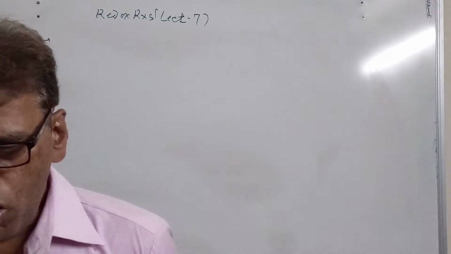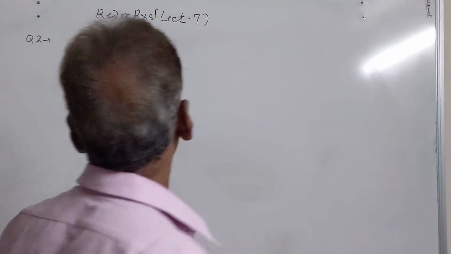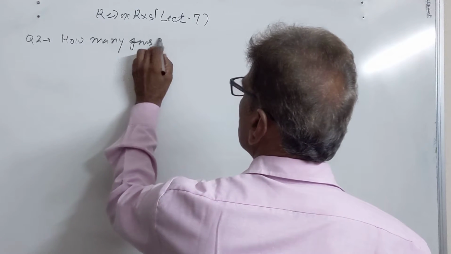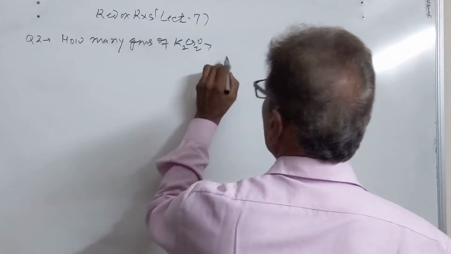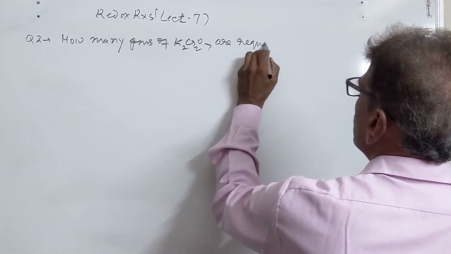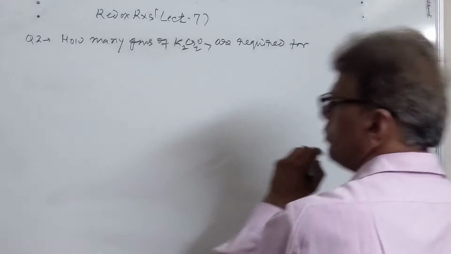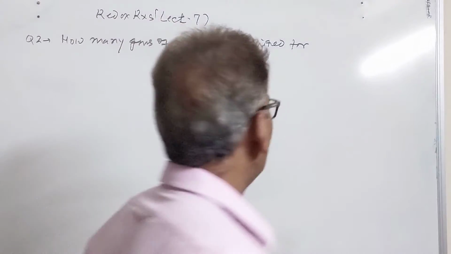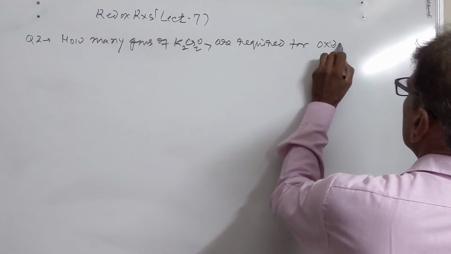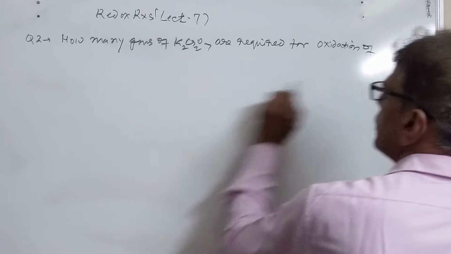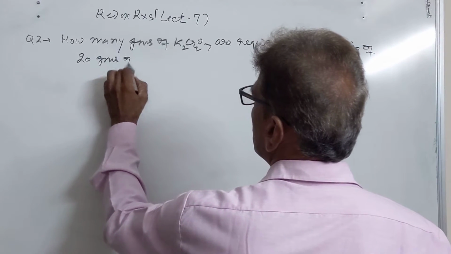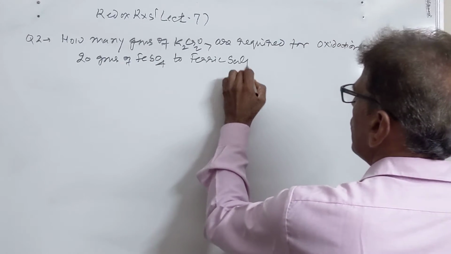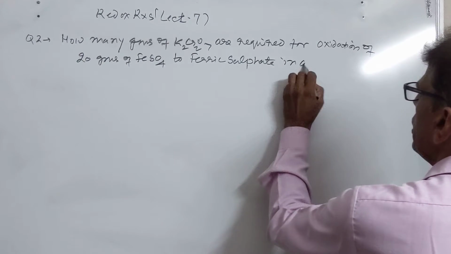The problem is, how many grams of potassium dichromate, K2Cr2O7, are required for oxidation of 20 gram of ferrous sulfate to ferric sulfate in acidic medium?